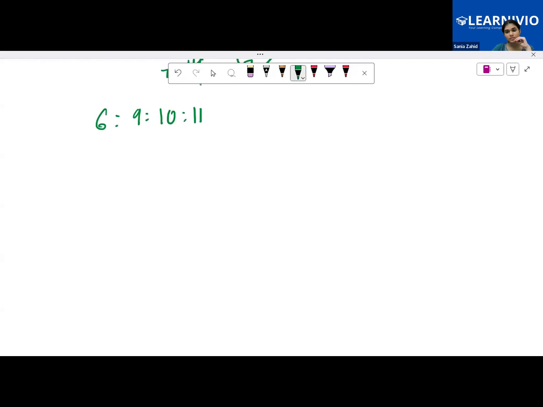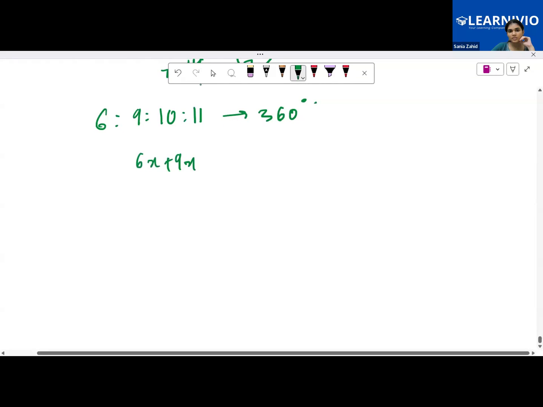Ma'am, the sum of the angles is 360 degree. So what you can do is 6x plus 9x plus 10x plus 11x will give you 360 degree. Just find the value of x and substitute in all of them. You'll get your answer.